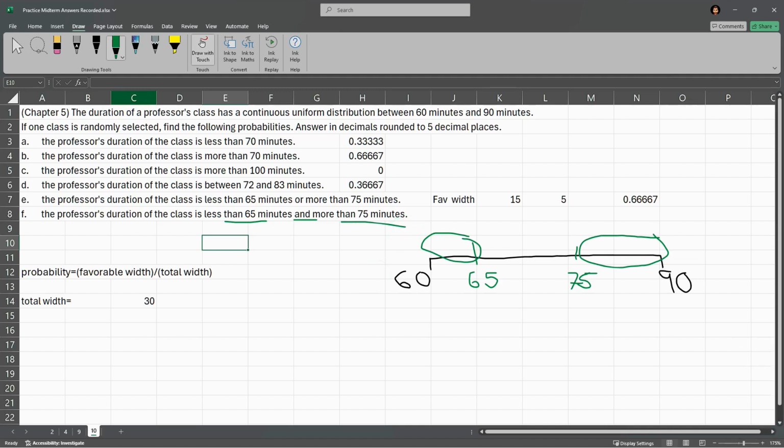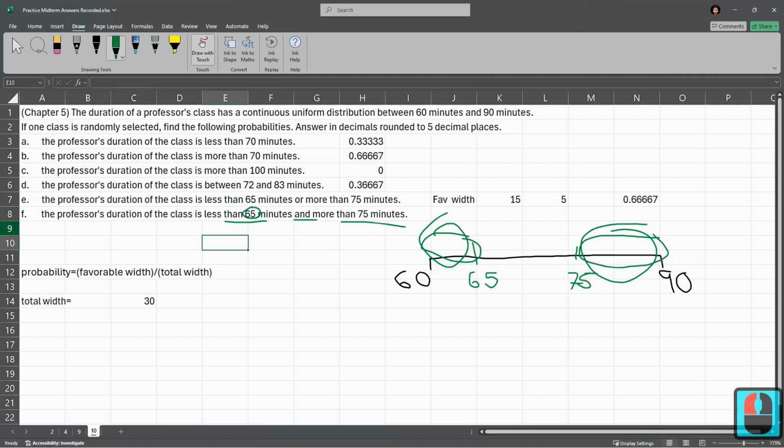So your class has to be shorter than 65 minutes and longer than 75 minutes. That's not possible because if you're shorter than 65, you're over here. Longer than 75, you're over here. So the favorable width for this is 0 because there's no ending time that's less than 65 and greater than 75.